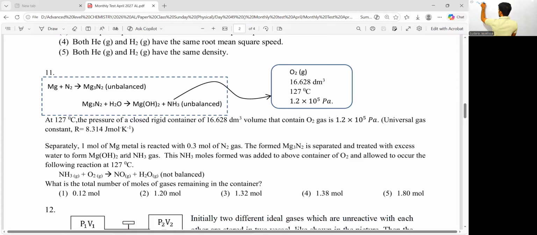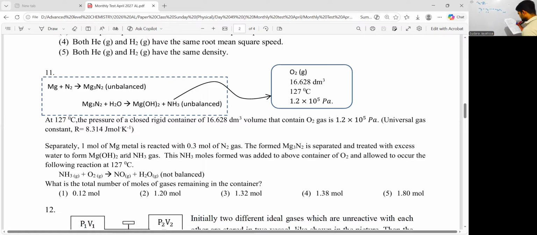So PV over RT, apply it properly and you can get the moles of oxygen. And then it is telling that in a separate container you have 1 mole of magnesium and 0.3 moles of N2. They are going to react, so Mg3N2 is formed.